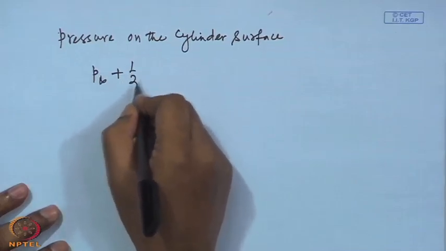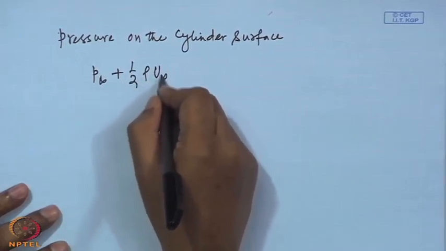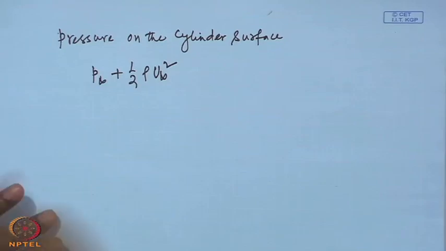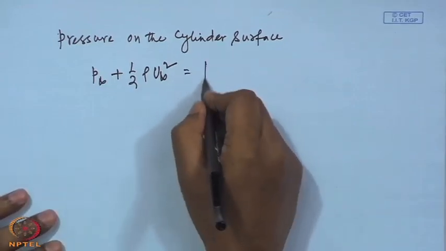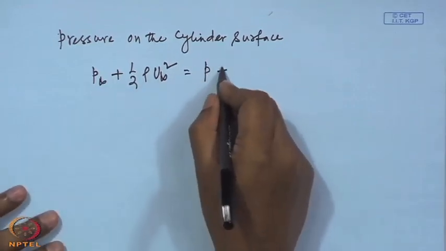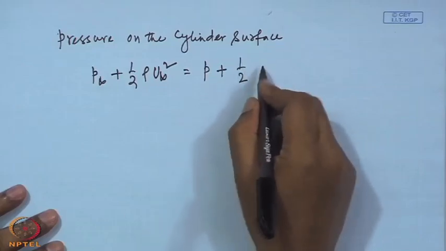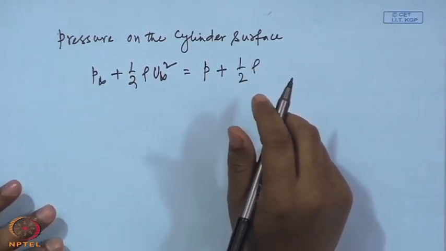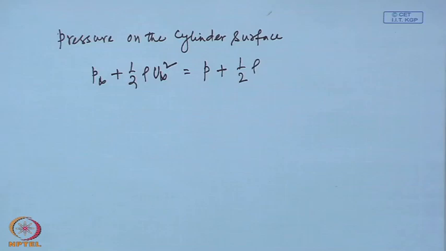Taking one point at infinity or far away, P plus half rho u r square plus u theta square, and u r on the cylinder surface is 0. So, only u theta square.